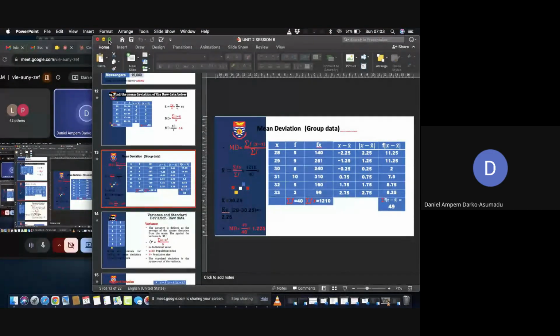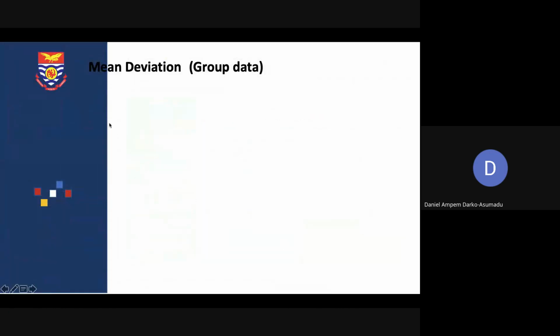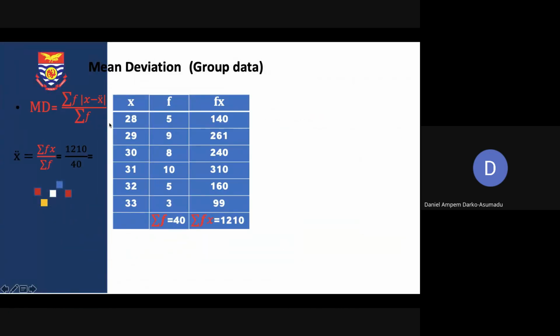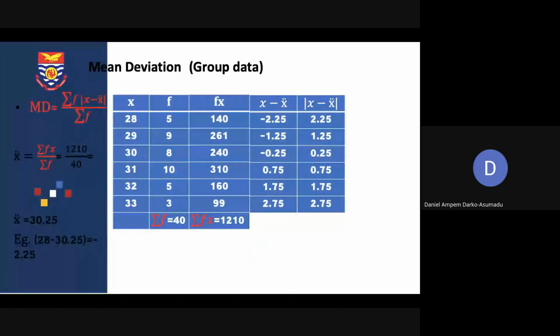So basically, you introduce those bars to make the values absolute, changing from negative to positive, as you can see. Is that clear? Are we okay at this point?